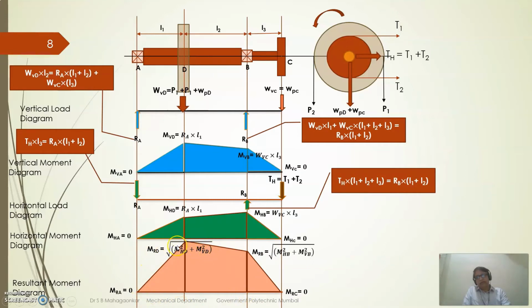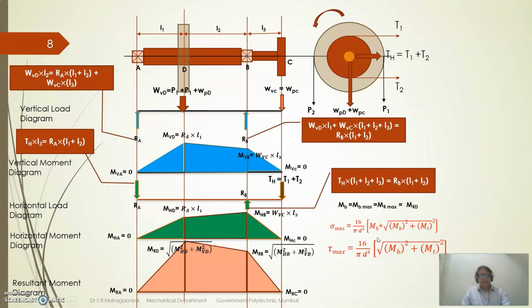Here we have to go for the maximum bending moment. So take the maximum bending moment, that is nothing but MB. MB is equal to MB maximum, which is equal to MR maximum from the resultant moment diagram.